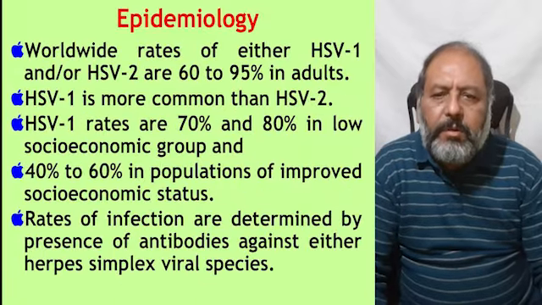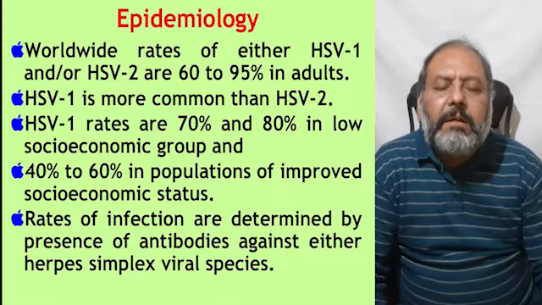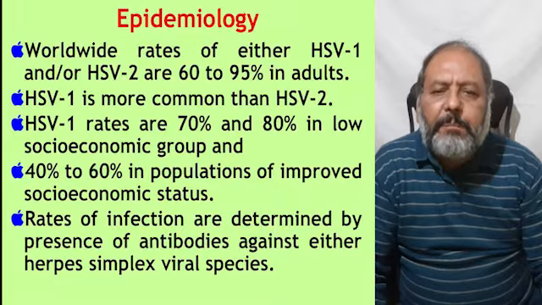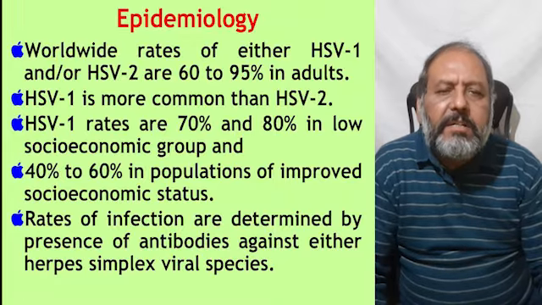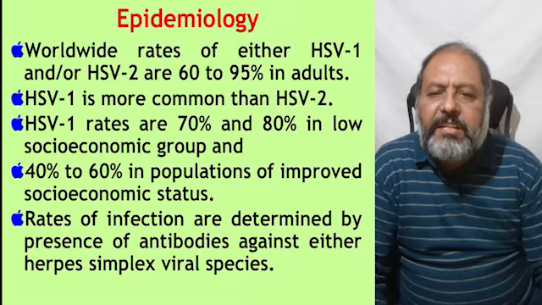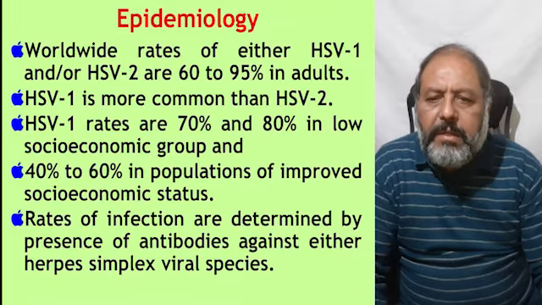Now, epidemiology. Worldwide rates of either herpes simplex virus 1 or herpes simplex virus 2 are 60 to 90% in adults. HSV1 is more common than HSV2.